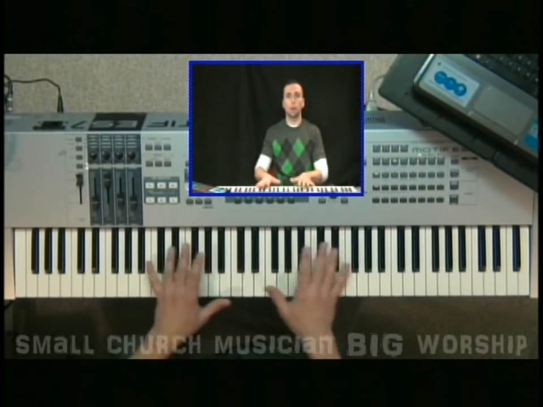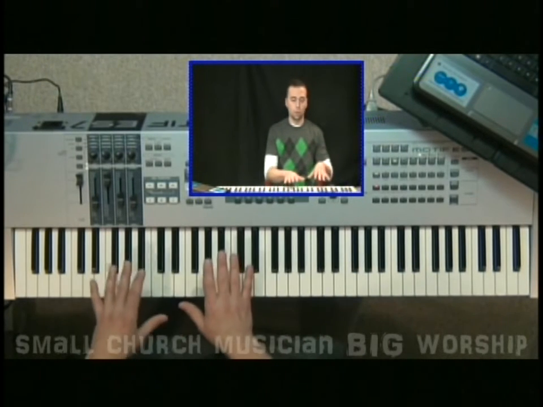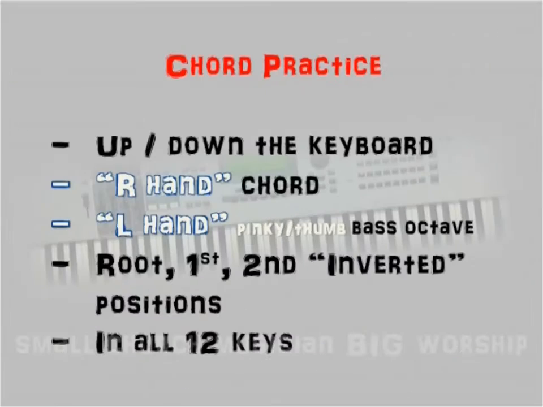And you can do the same thing going back down to C again. Okay, so up the keyboard, down the keyboard, right hand chord, left hand octave movement, and all 12 keys.